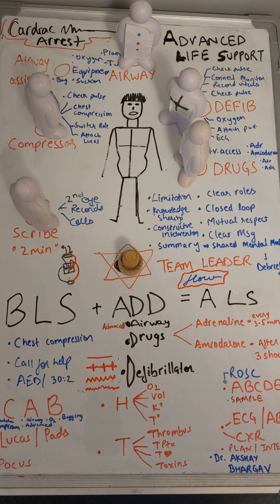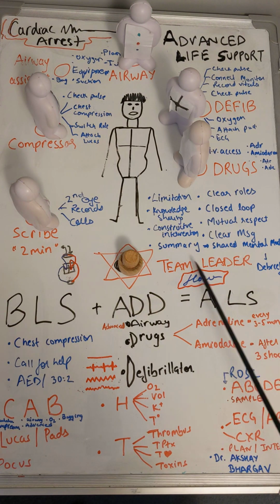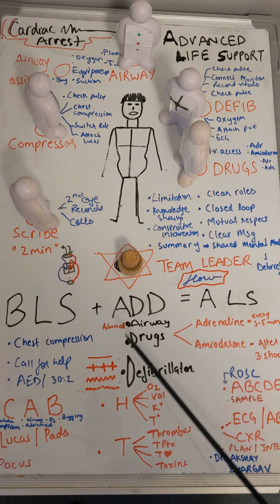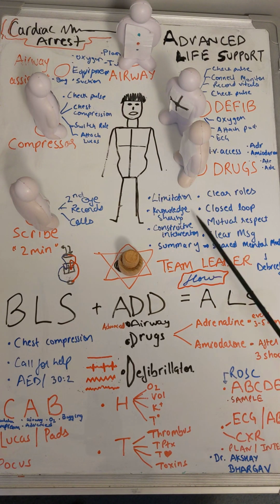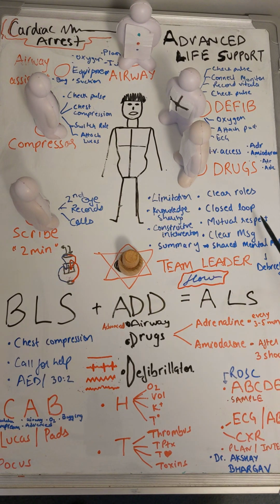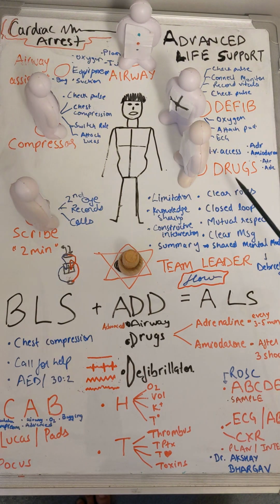And here, which is very important to understand, a team leader and a good team work on effective communication. So while you are thinking of causes, you also need to be communicating with your team. So now I tell about the principles of good team dynamics.